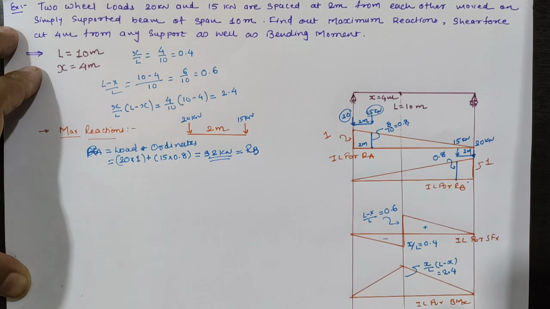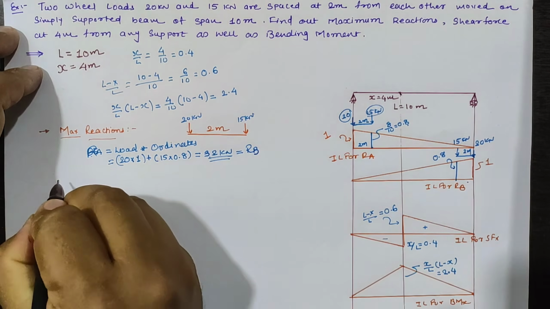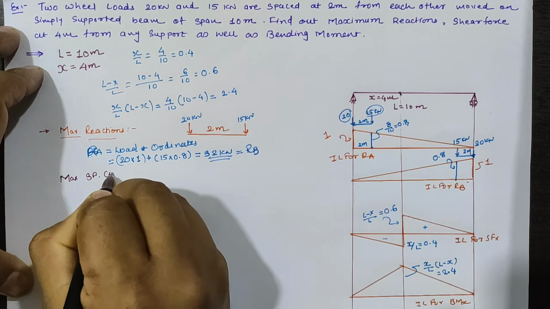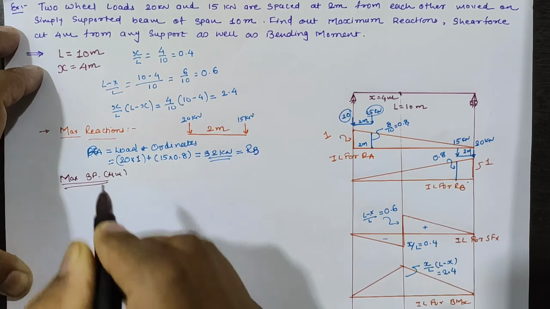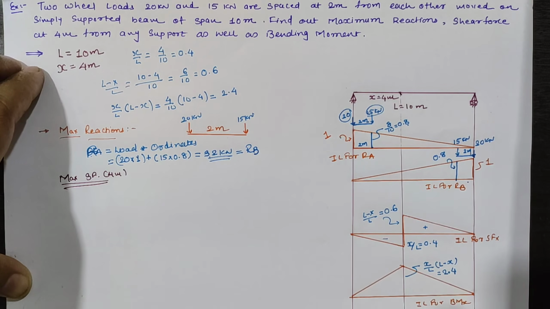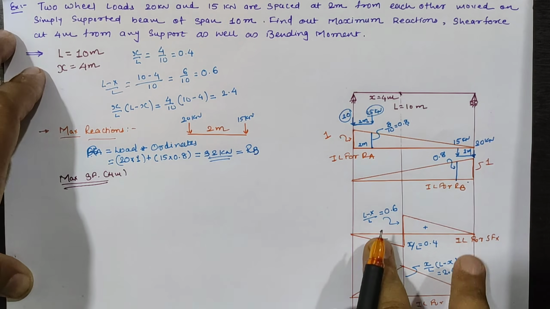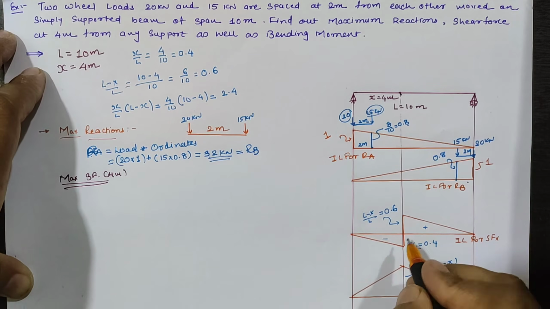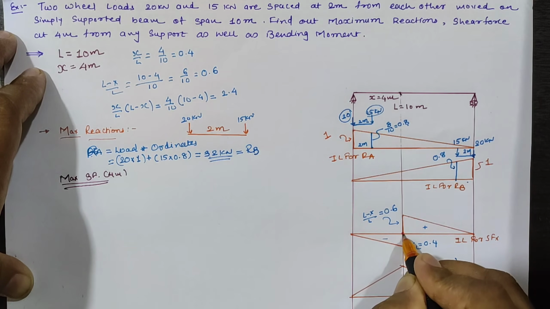Now let us go for the maximum shear force at location 4 meter. From the diagram we will have negative as well as positive values at the particular location x.